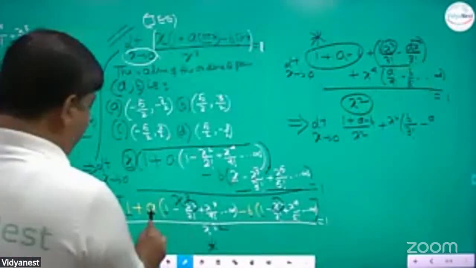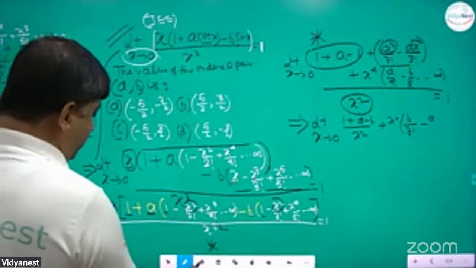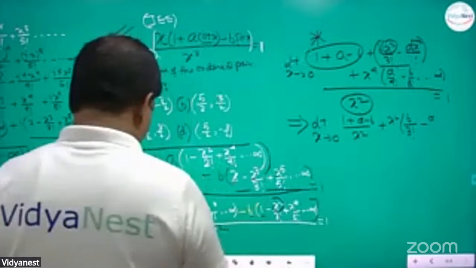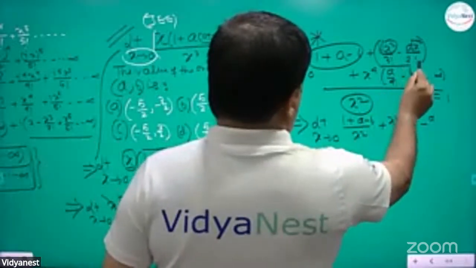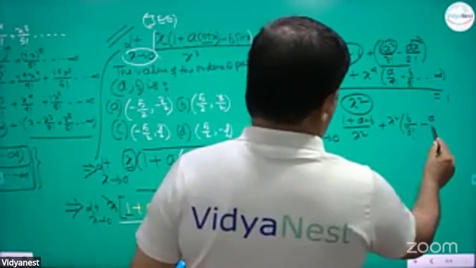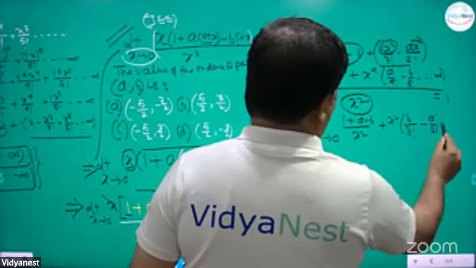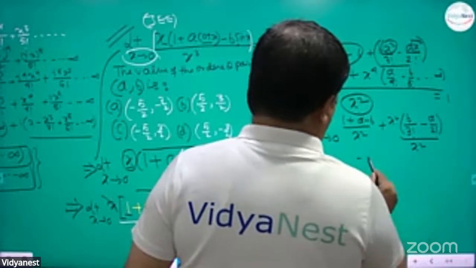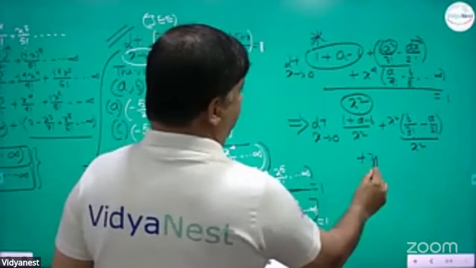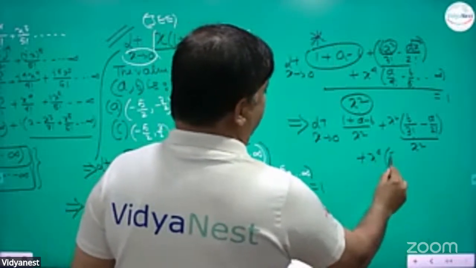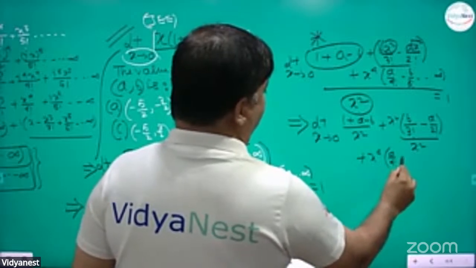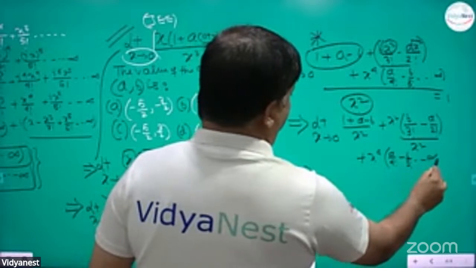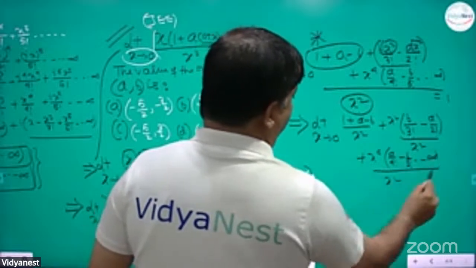You see, a x square by factorial 2, it must be factorial 2. And the later part, x to the power 4, whatever be in the bracket, that is immaterial, by x square is equal to 1.